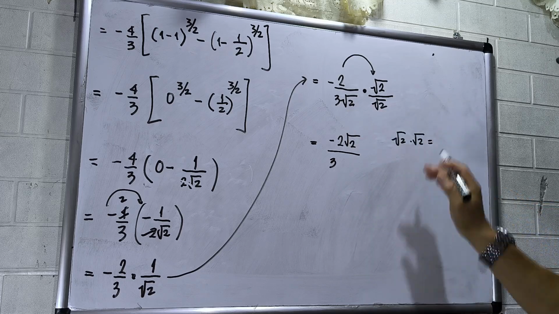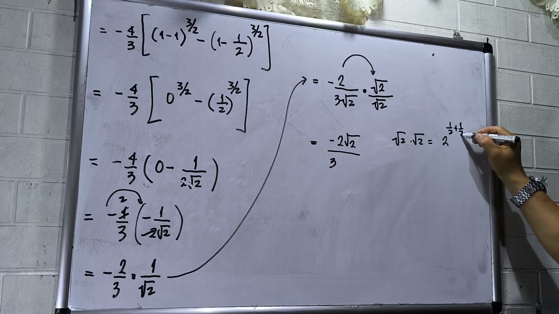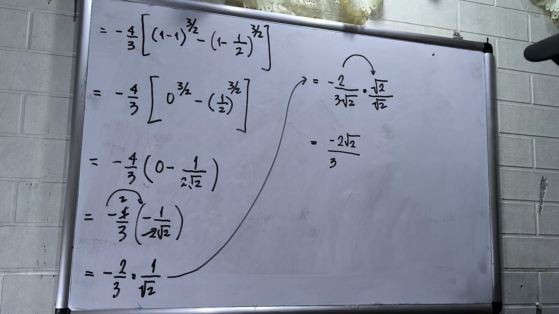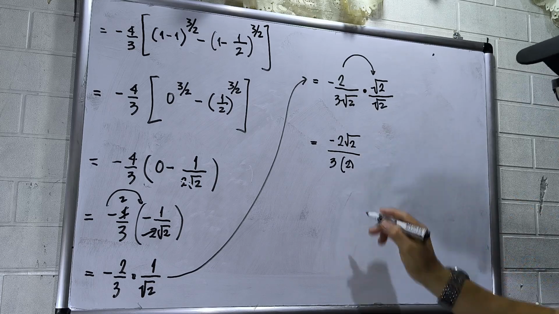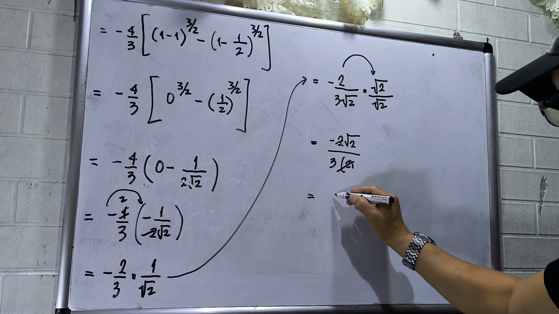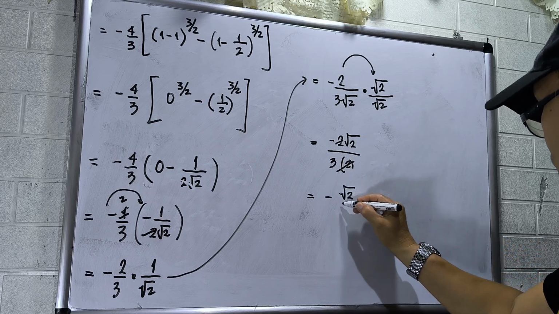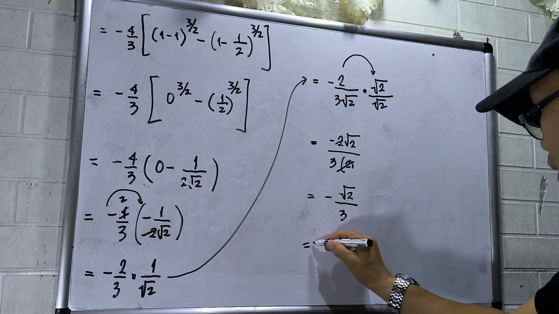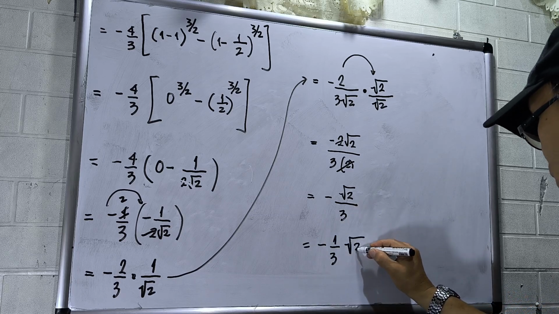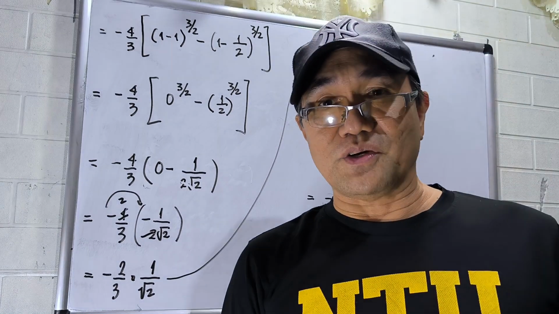Same base, so copy the base and then add the exponents: 2 raised to 1 plus 1, or simply 2. So the 2s will be crossed out. So I have now square root of 2 over 3, or 1/3 times square root of 2. So this is now my final answer. Thank you for watching.